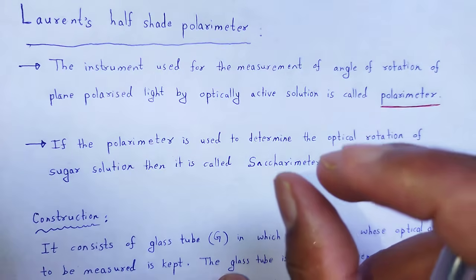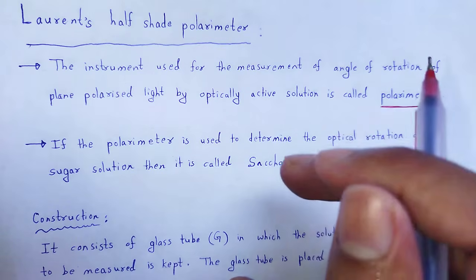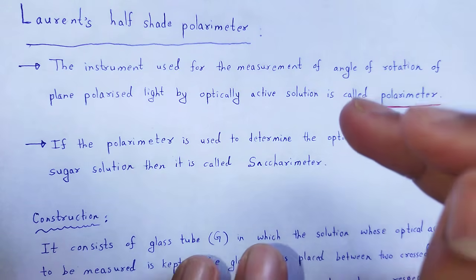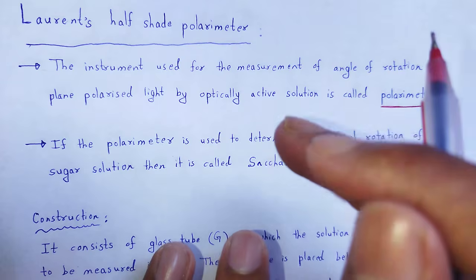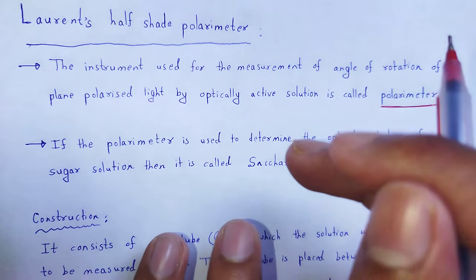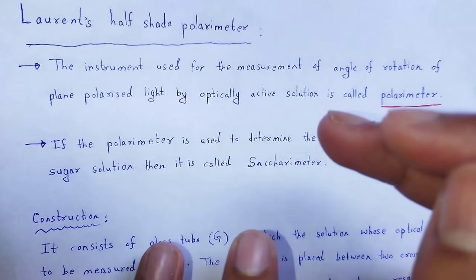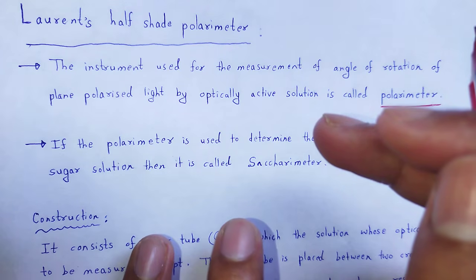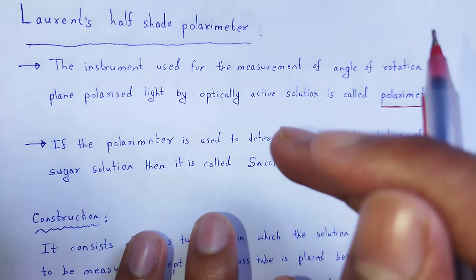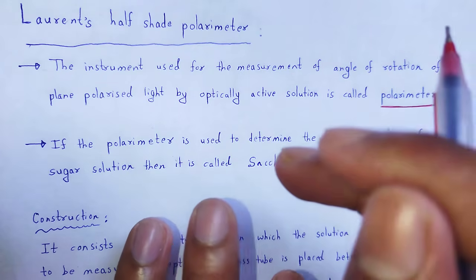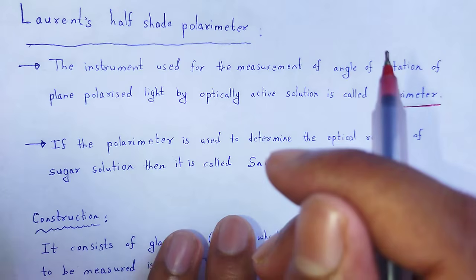When plane polarized light is passed through optically active solutions, the emergent light we see from the optically active solution is rotated by an angle, which is called the angle of rotation. The substances that are responsible for producing such angles of rotation are called optically active substances.